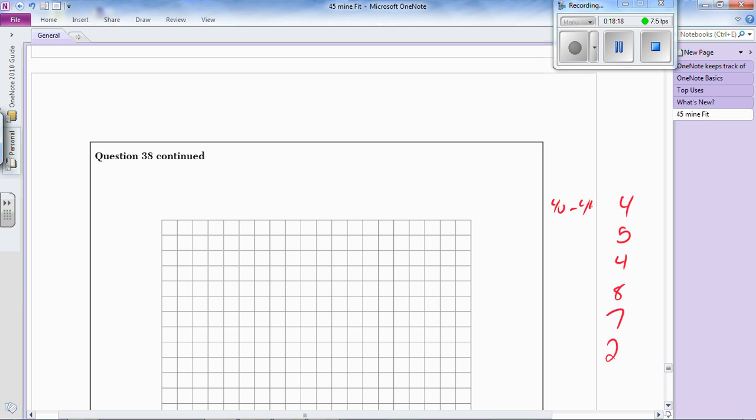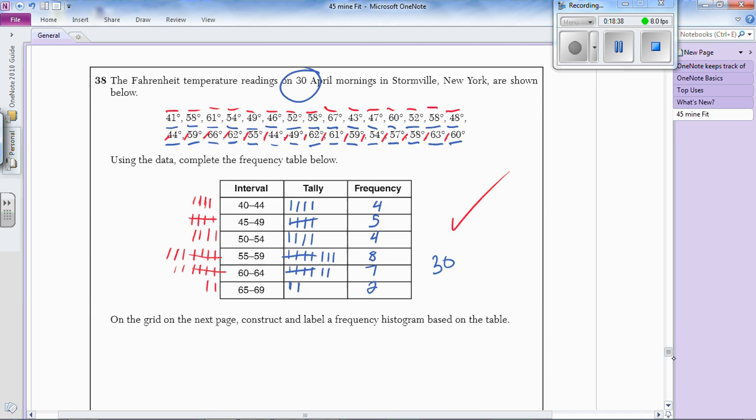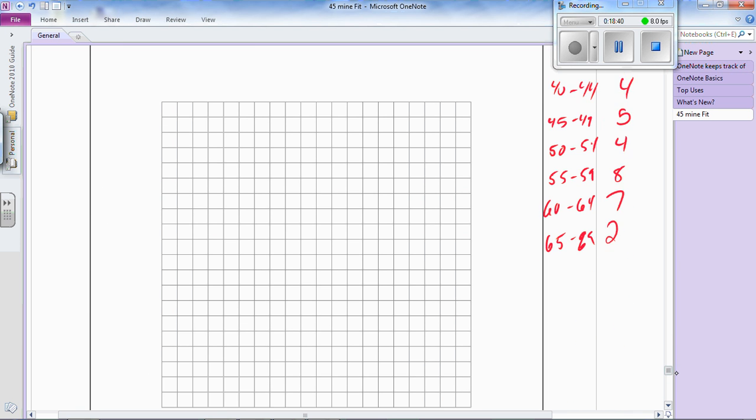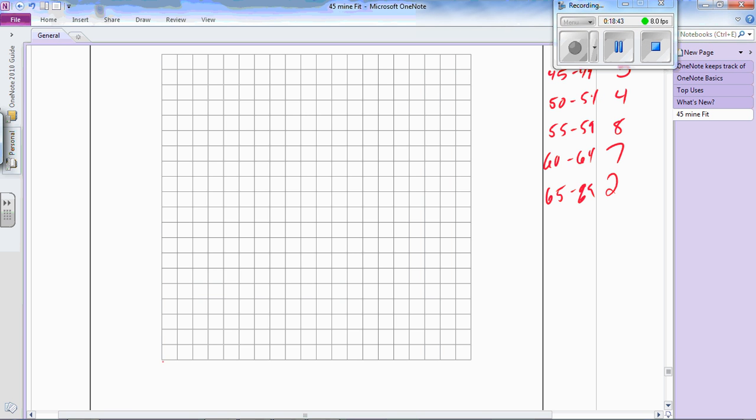Then 45 to 49, 50 to 54, 55 through 59, 60 through 64, 65 through 69. So the highest I got to get to is 8. Just to make things look neat, I'll make every 2 boxes 1.